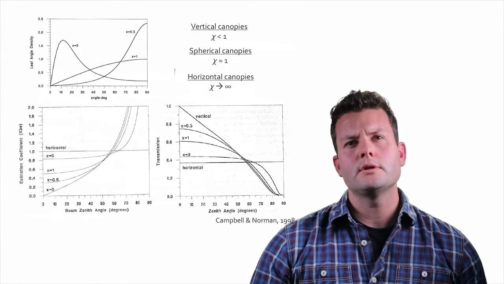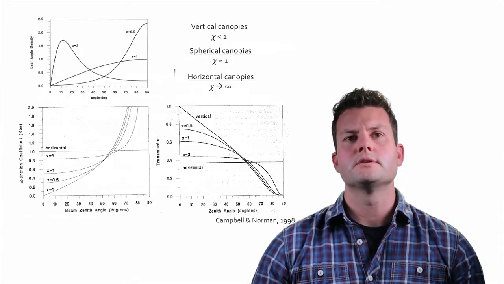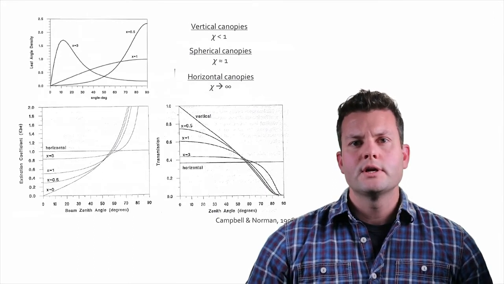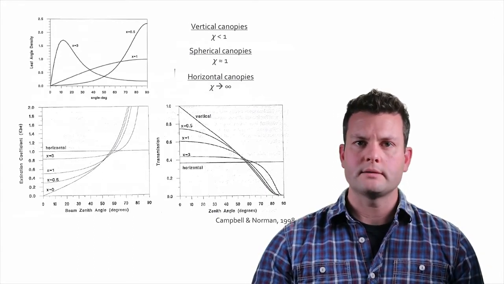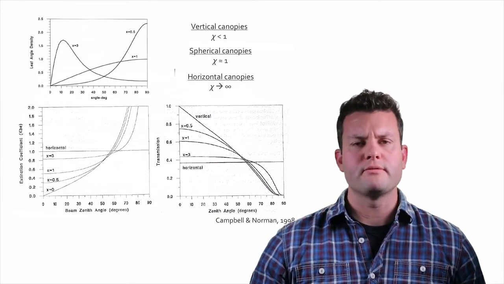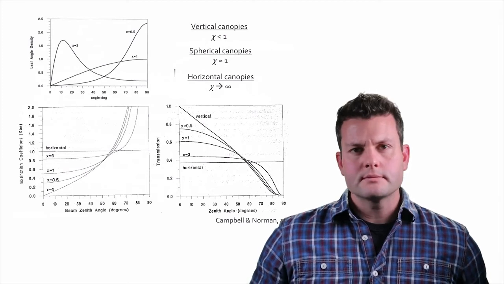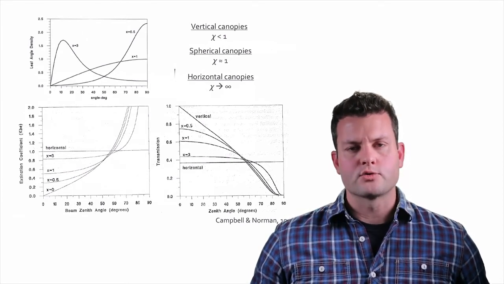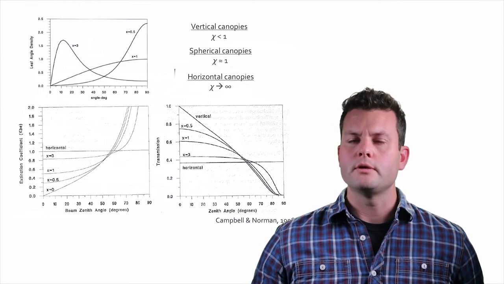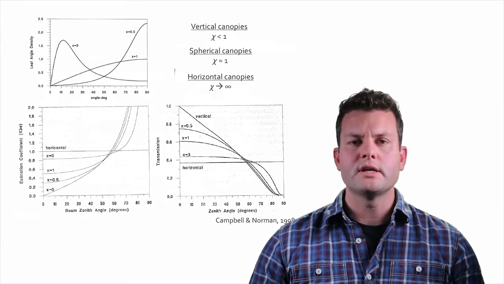And so the leaf area index model is not highly sensitive to the chi value, especially when chi values range from 0.5 to 2 or so. This can be a source of error if we misestimate chi, but only in extreme cases.